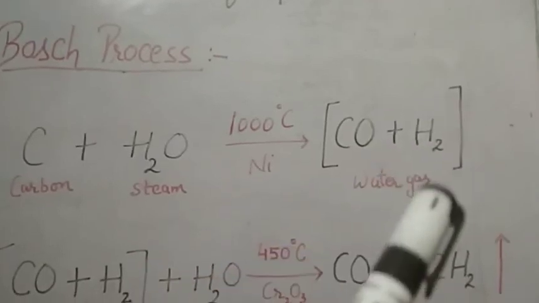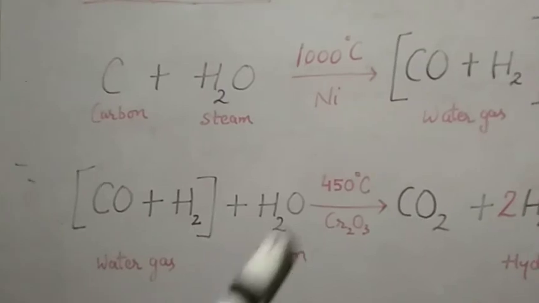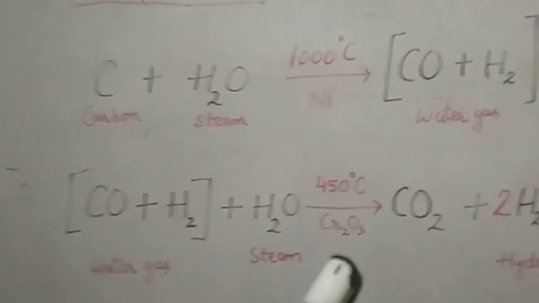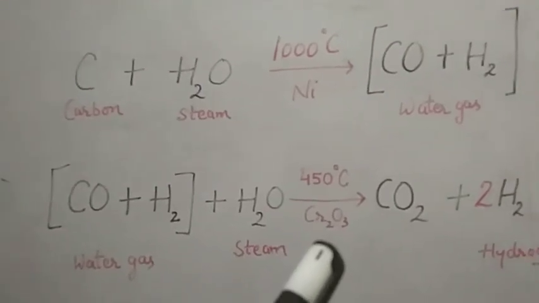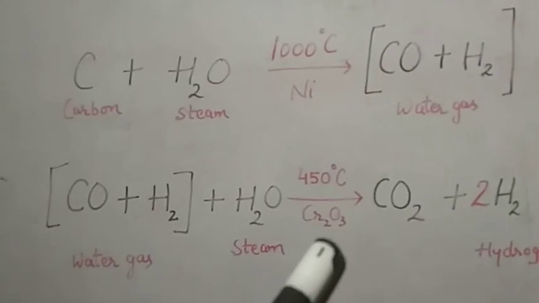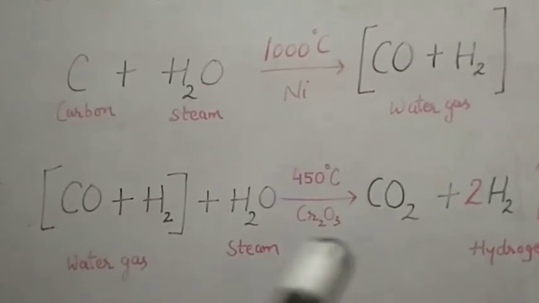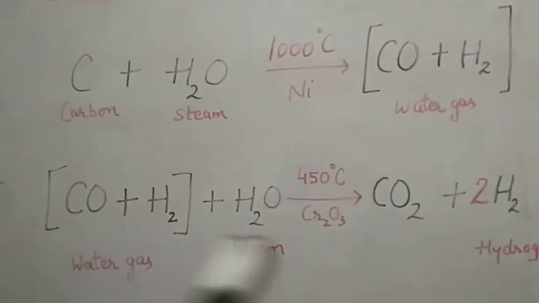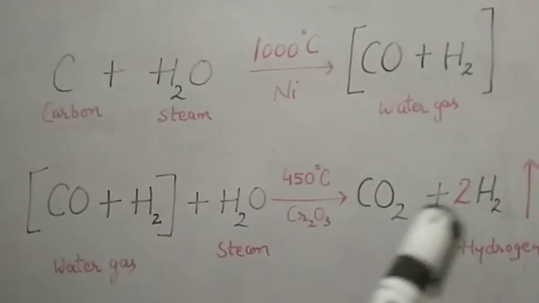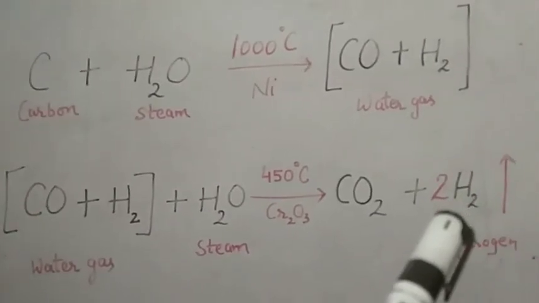So again we will treat this water gas with steam, at 450 degrees Celsius in the presence of a catalyst, that is chromium trioxide. So when we treat it, then what will happen? Then we get carbon dioxide, CO2, plus pure hydrogen gas.